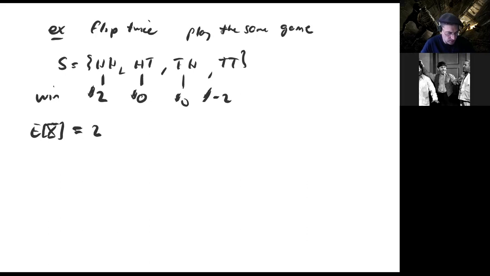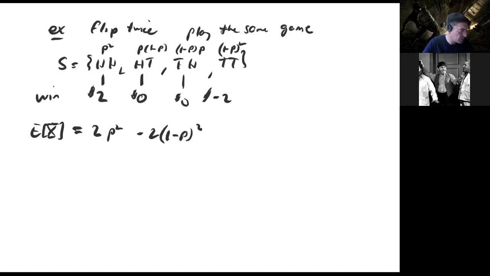Here the probability is P squared. Here it's P times 1 minus P. Here it's 1 minus P times P, and here in the last case it's 1 minus P squared. So it's 2 times P squared plus 0 times P times 1 minus P plus 0 times 1 minus P times P, minus 2 times 1 minus P squared.